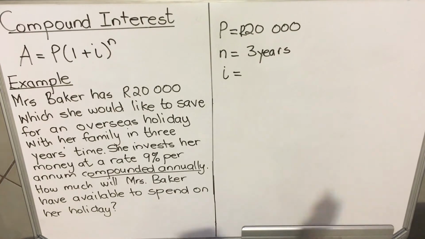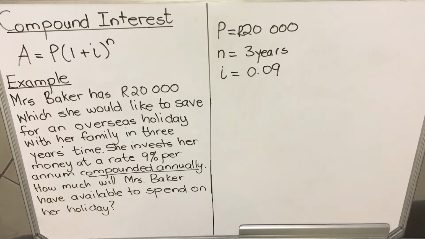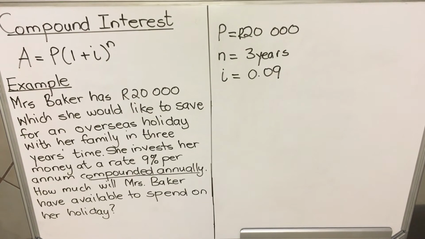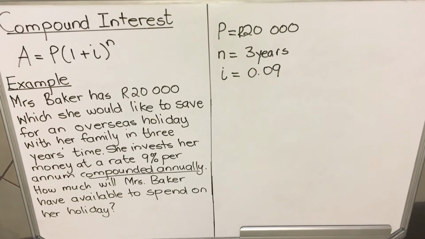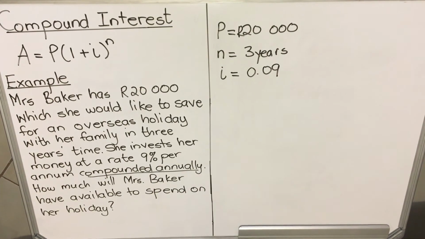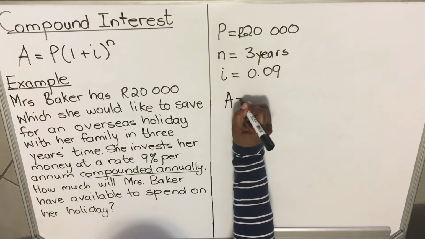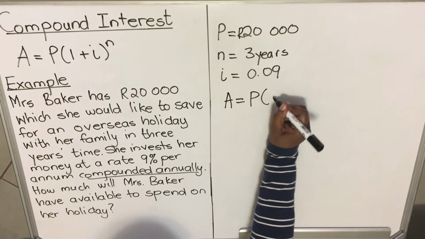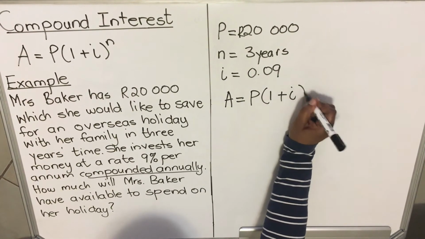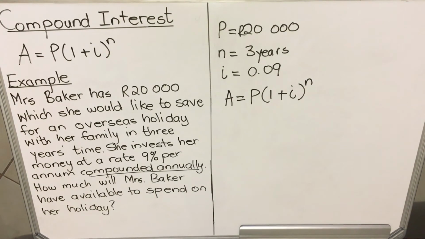It's important to use a calculator so that you don't make a mistake with the decimal. And then they ask how much will she have. Because of this compounded annually, we're going to use the compound interest formula, A equals P(1 + i) to the power n. You have to memorize the formula. The N is an exponent. Let us put the information in the formula and calculate.